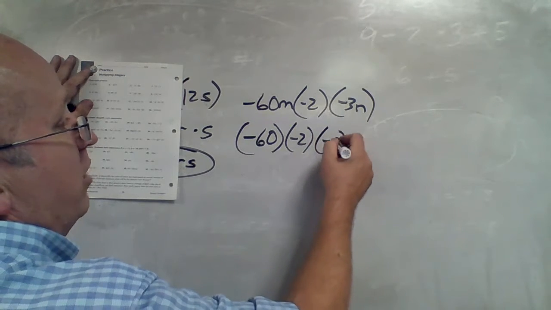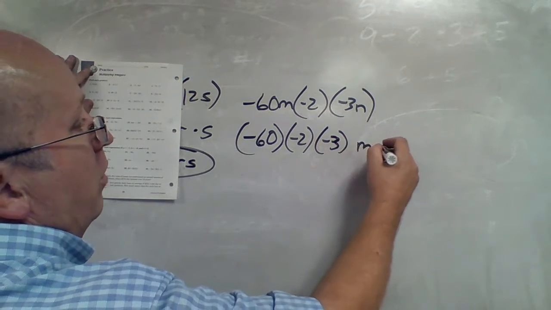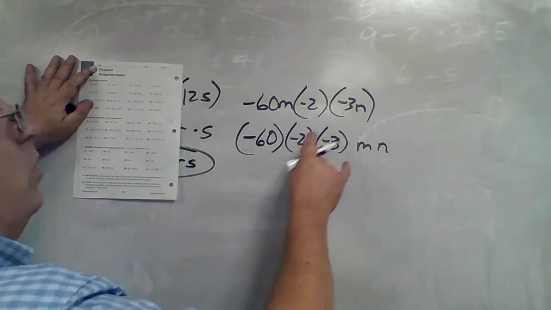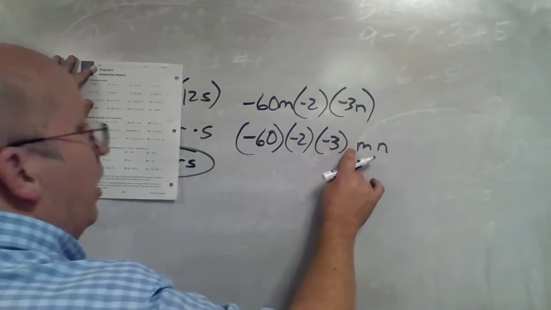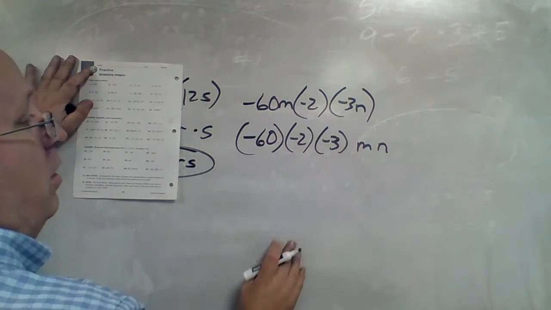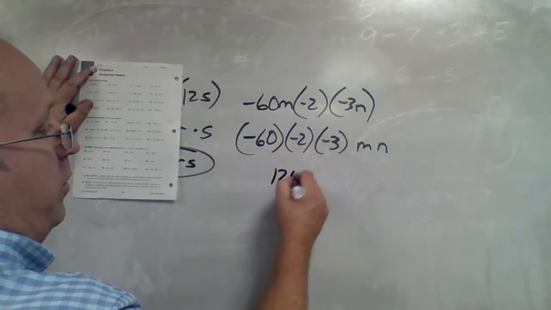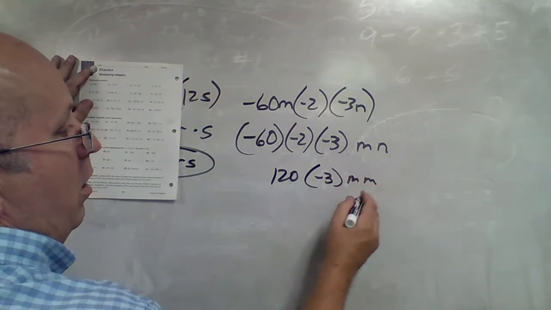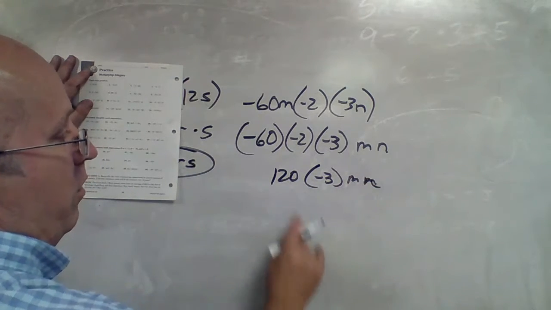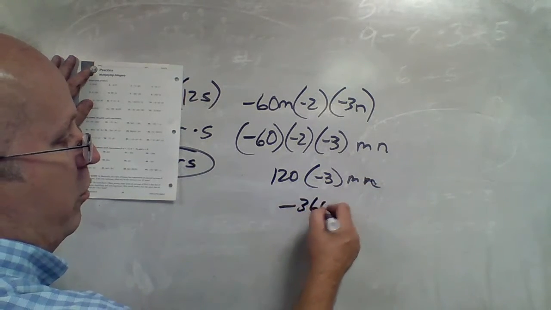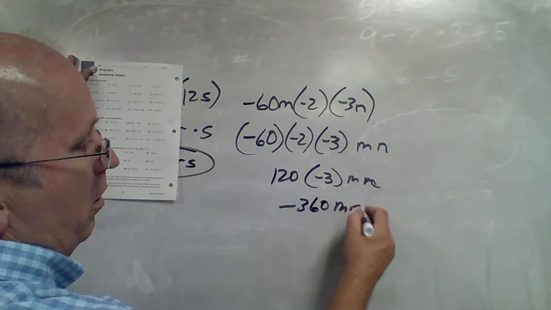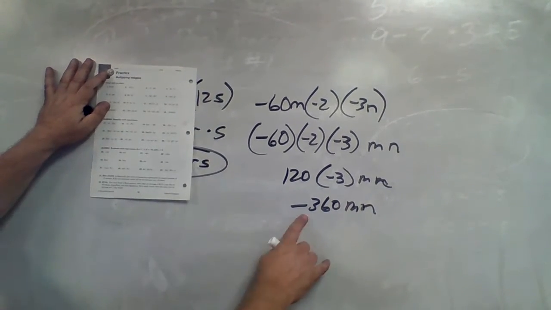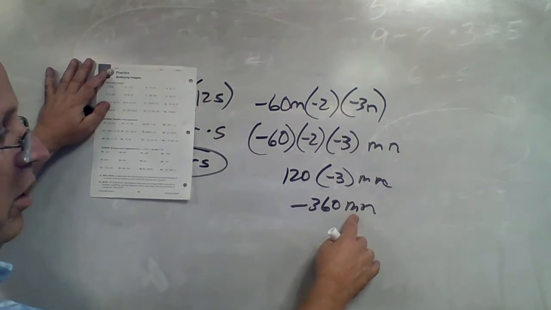We can use that to our advantage, and we can write the problem like this: negative 60 times negative 2 times negative 3 times m times n. So the first two end up being 120, right? Then these two end up being negative 360. Guess what? We're done. Negative 360 times m times n.